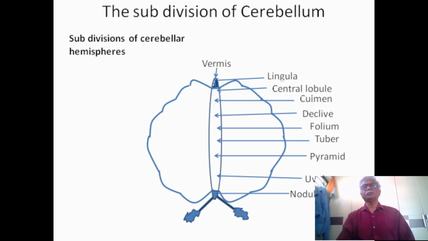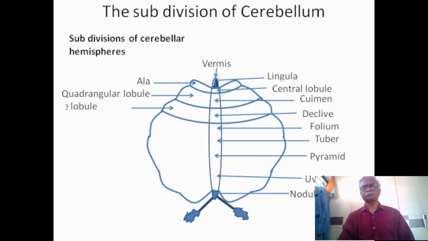The subdivisions of the cerebellar hemispheres are the ala and quadrangular lobule. These two are present in front of the primary fissure in the anterior lobe. The simple lobule and the superior semilunar lobule are present in front of the horizontal fissure on the superior surface and behind the primary fissure.